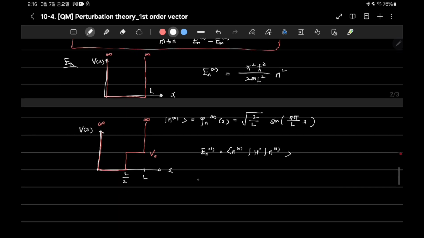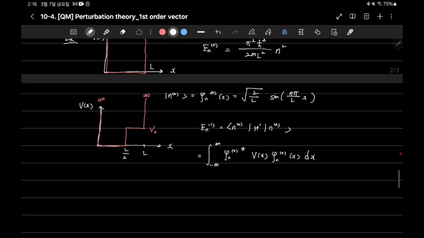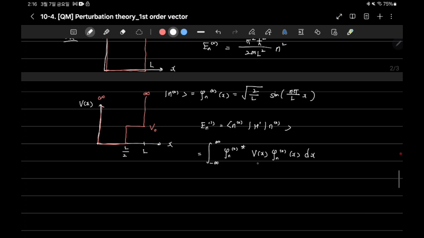Then in other words, in this case from the integration from minus infinity to infinity, phi n ground state star potential phi n 0 x dx, it is potential V0.